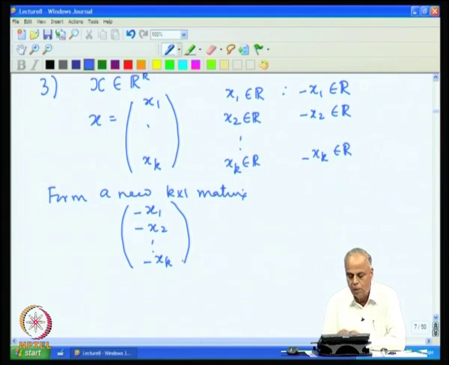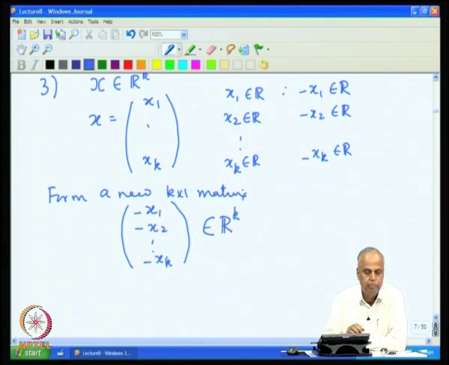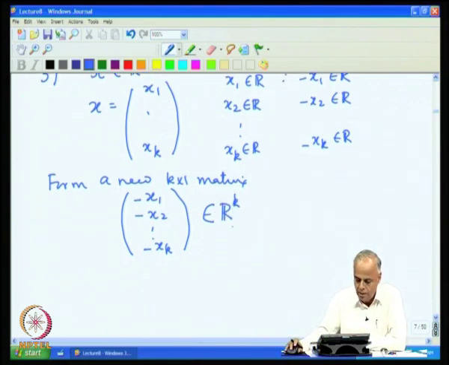Since these are all real numbers, this is again in R k. Therefore, from x we have constructed a new element in R k and we will denote this element by minus x. This is the definition.